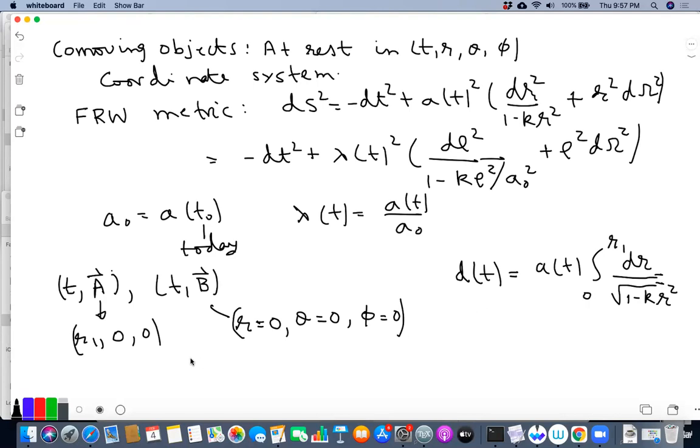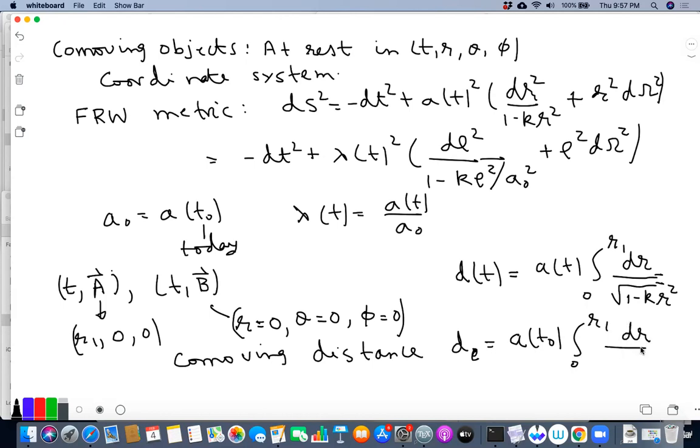But we'll introduce the notion of co-moving distance. Say d naught, which is d_c, which is a of t naught times the integral from 0 to r1 of dr over the square root of 1 minus k r squared.